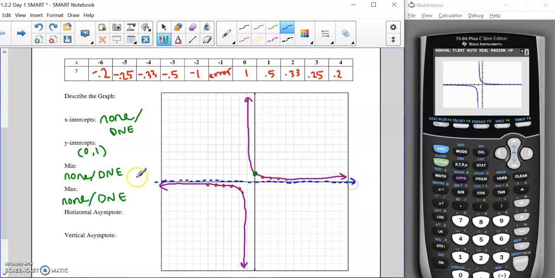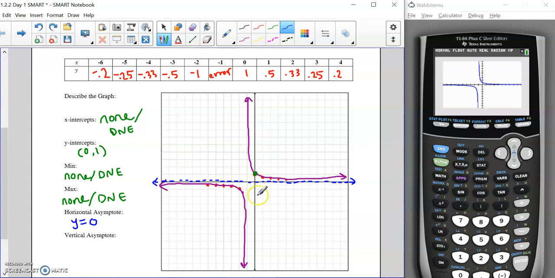And I'm going to draw over it with this blue. Okay, that is our horizontal asymptote. And because this asymptote hits the y-axis at 0, the equation for it is going to be y = 0. All right. And so that's the horizontal one.